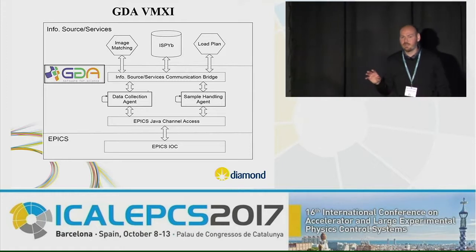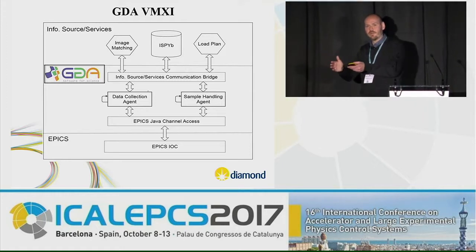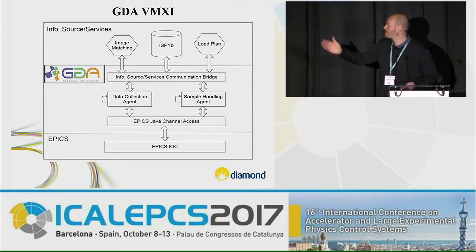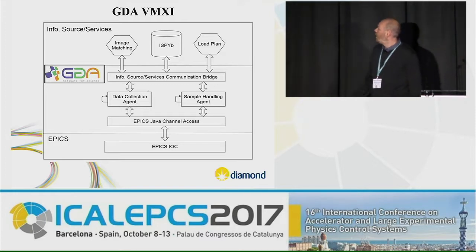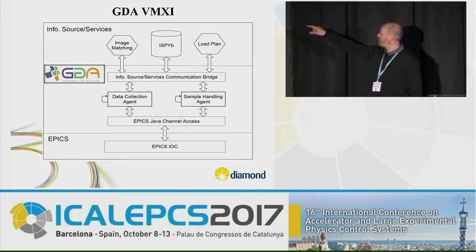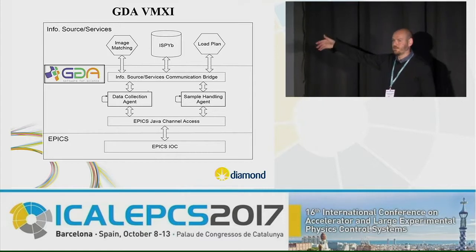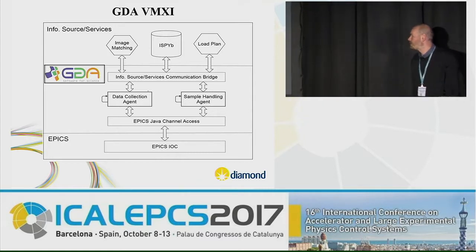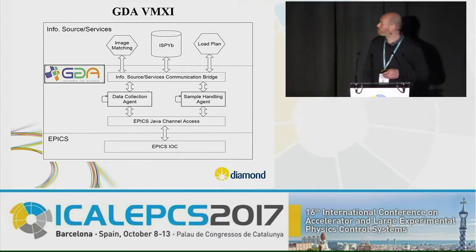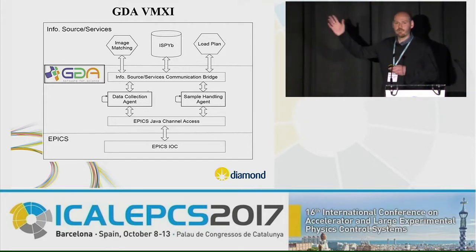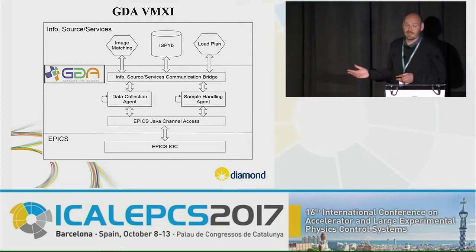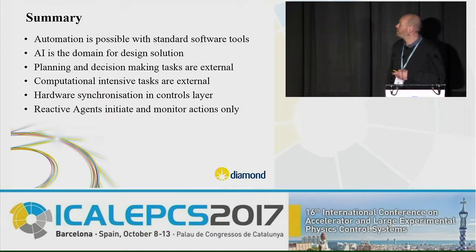So it's not proportionally difficult for supposedly complex tasks to do this at all. And then we're still hooked into the EPICS layer here to set PVs down to the EPICS IOCs. So we haven't compromised GDA at all. We're using exactly the same tools to do automation.